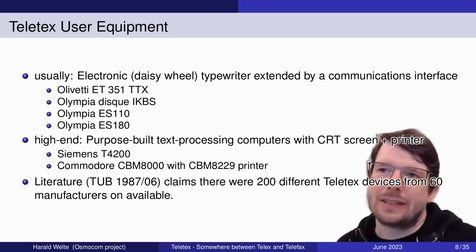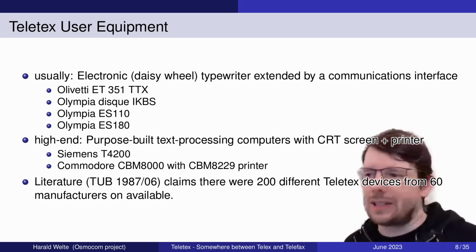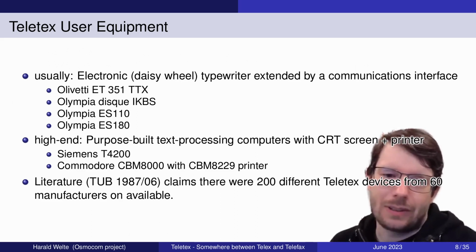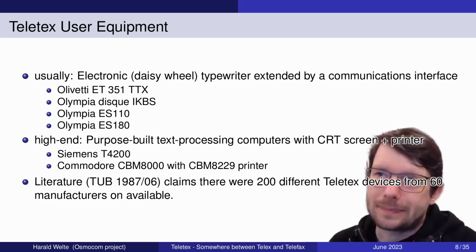It was a requirement, not just a recommendation, to have a battery buffer for the memory, so that if your Teletex device is receiving a document over the communication network, it stores it in its RAM, and that RAM must be battery buffered, so that even when there's a power outage between receiving the text and printing it, it is not lost.